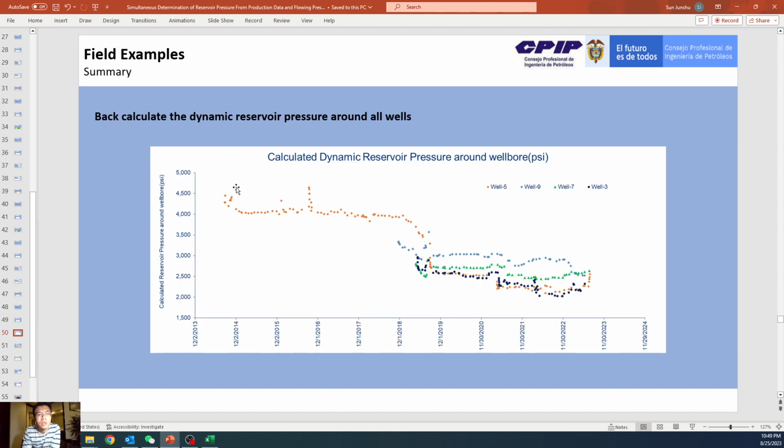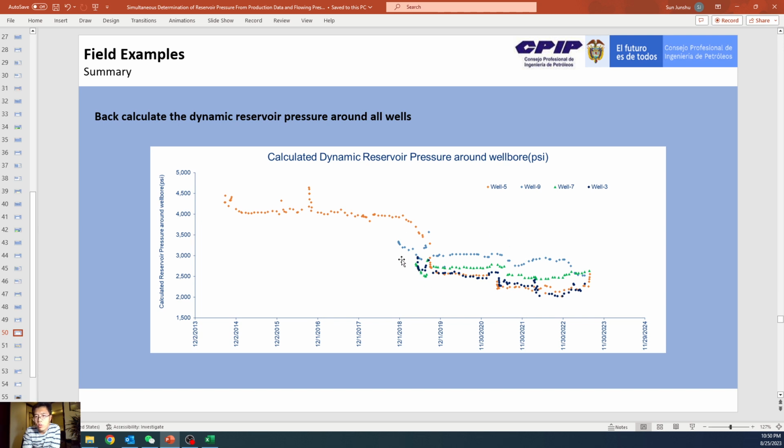Summary. If we combine the back-calculated dynamic reservoir pressure around the wellbore of these four wells, we can get this chart. This is the initial well number 5, the initial well. We can see the area reservoir pressure steadily declines.